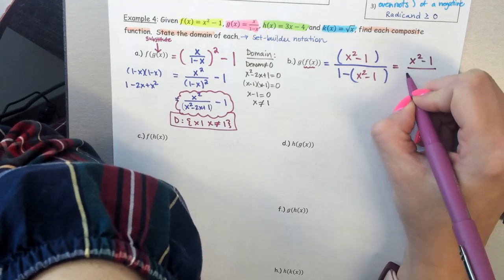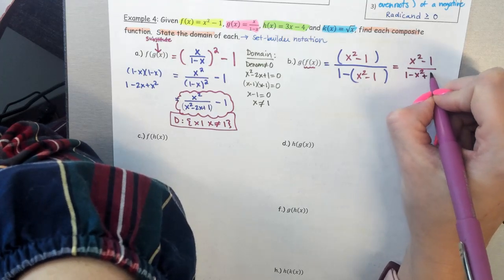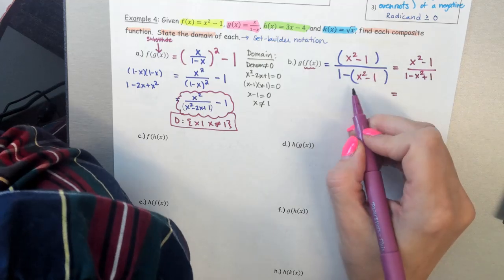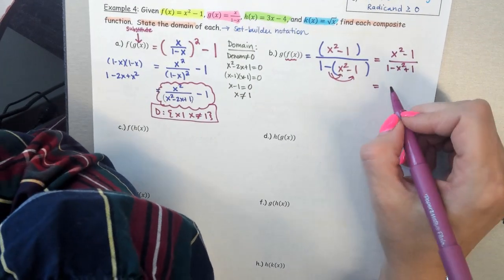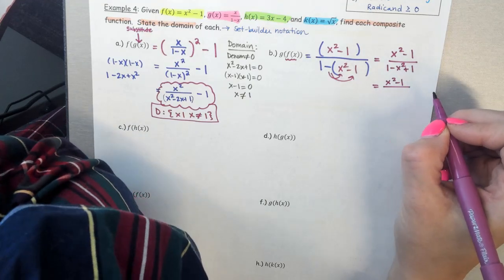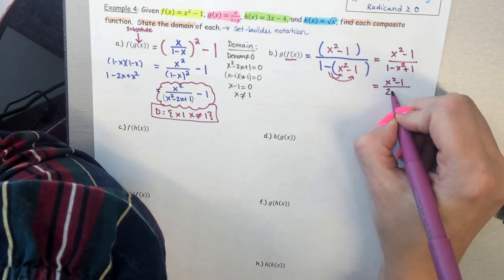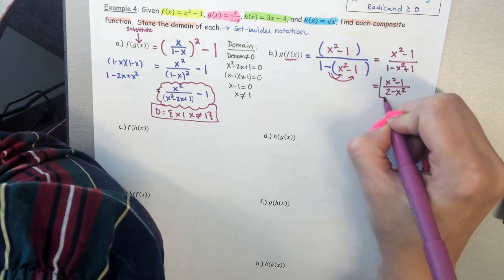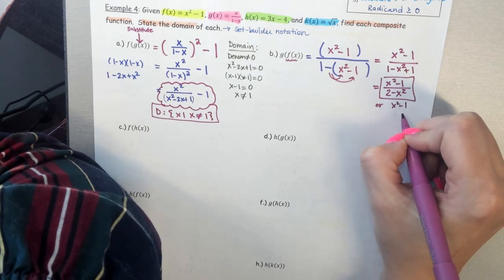You do have the difference of 2 squares, but let's see what's happening in the denominator. So when you distribute the negative, okay, you're going to end up with a negative x squared plus 2, and you can write this 2 different ways. You can either write your final answer like this, or you can write it like this.